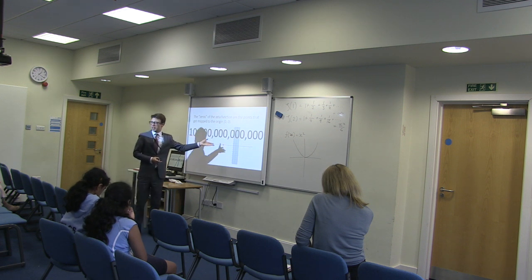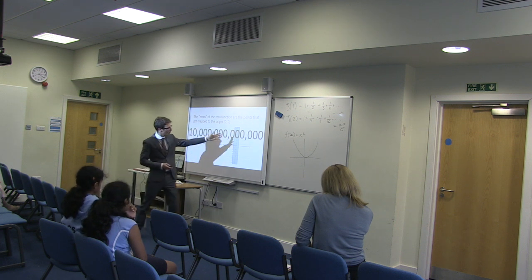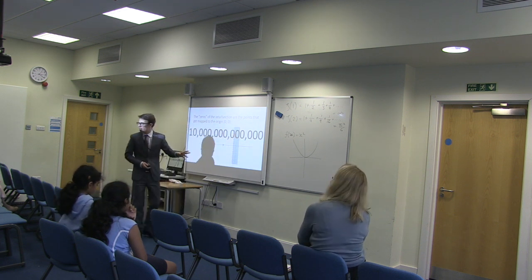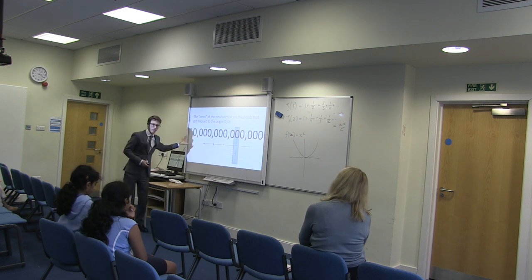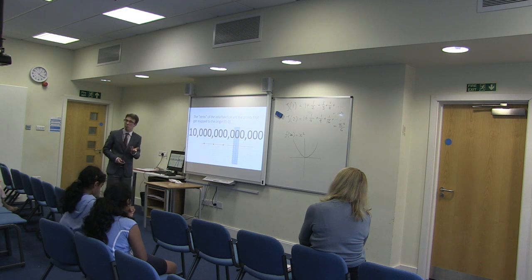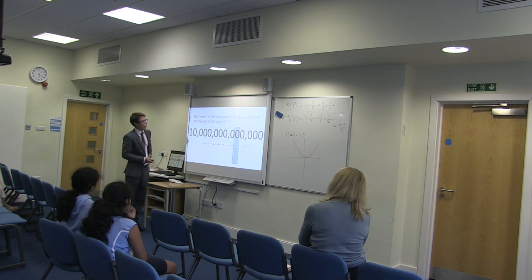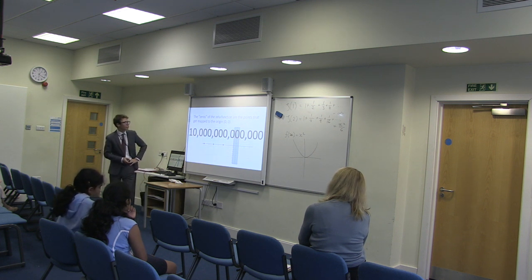But nobody has been able to prove that they all do. And this is the Riemann hypothesis. So a successful proof that all of the non-trivial zeros lie on that center line would be worth $1 million. And it's been open for 150 years and not been solved.